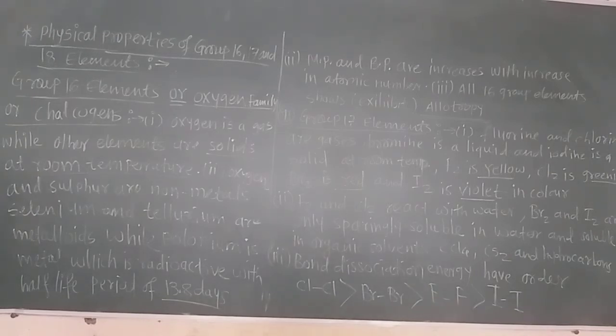In the chlorine molecule, the lone pairs on each chlorine atom are at a larger distance and repulsion is negligible, and therefore the chlorine bond is comparatively stronger than the fluorine bond, and therefore the bond dissociation energy of fluorine is lower than that of chlorine.